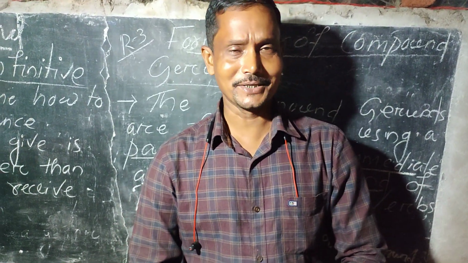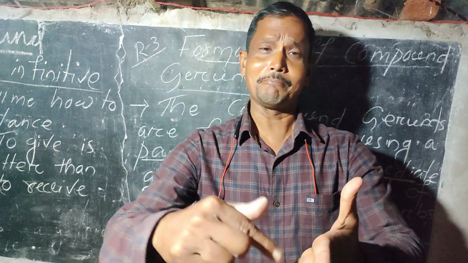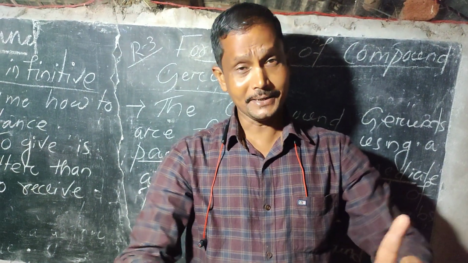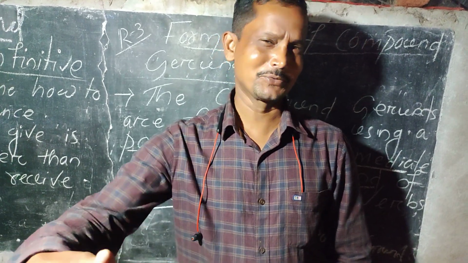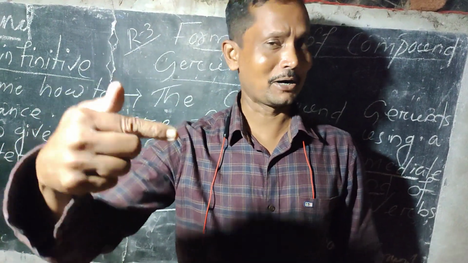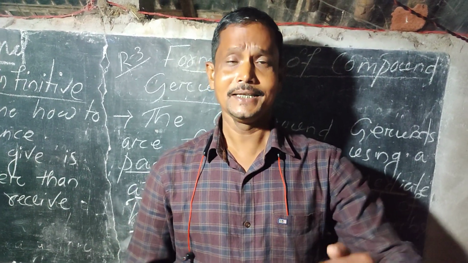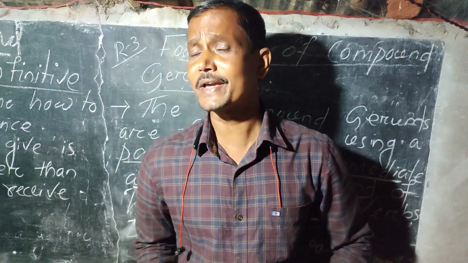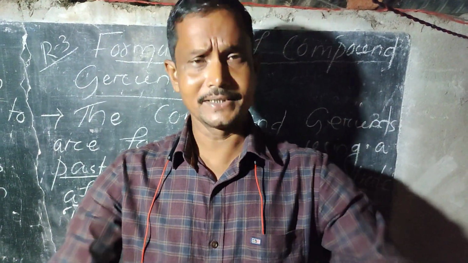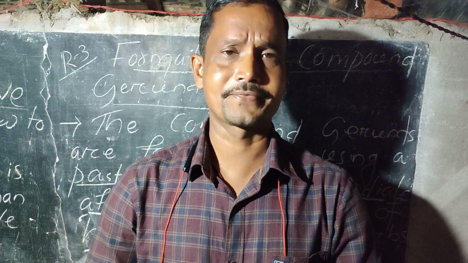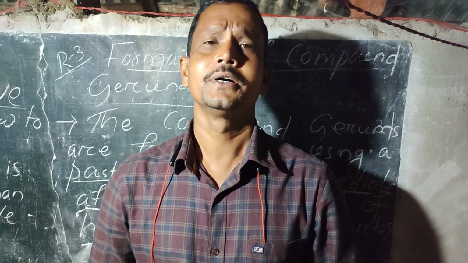To form a compound gerund, you will have to simply use the past participle form of the verb immediately after the gerund. Or in this way you can say that ing form of the verb plus V3 or the past participle form of the verb will be the compound gerund.